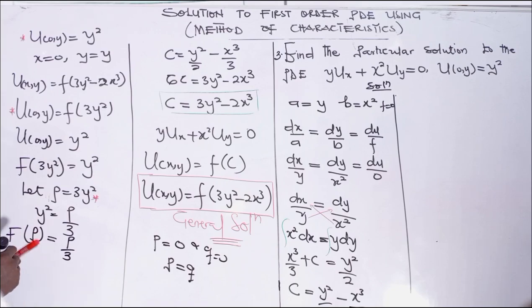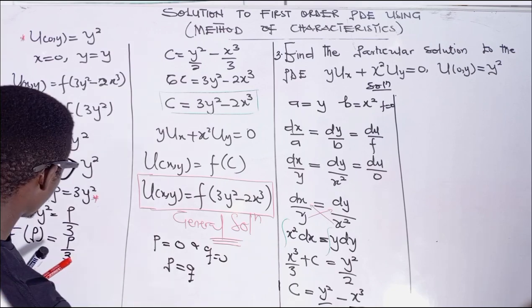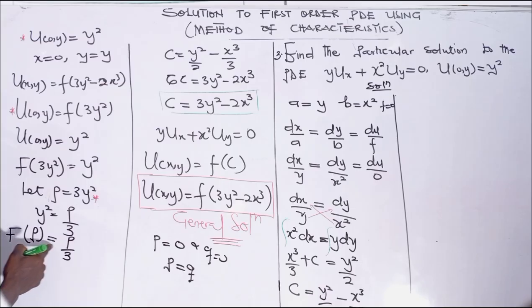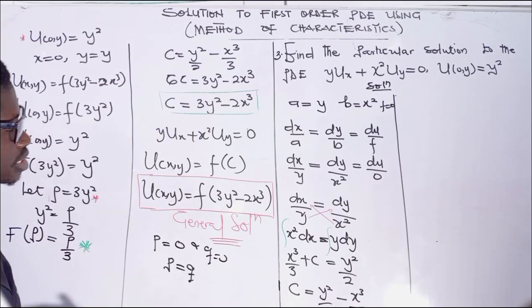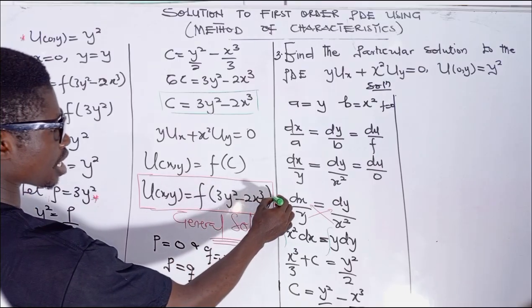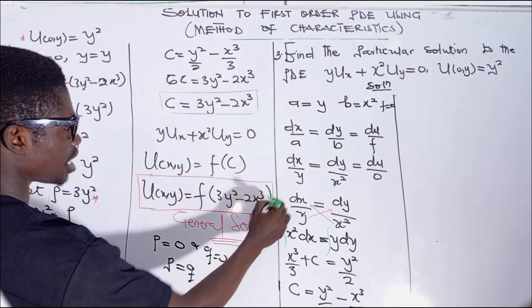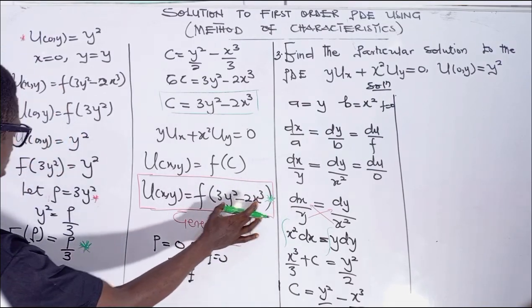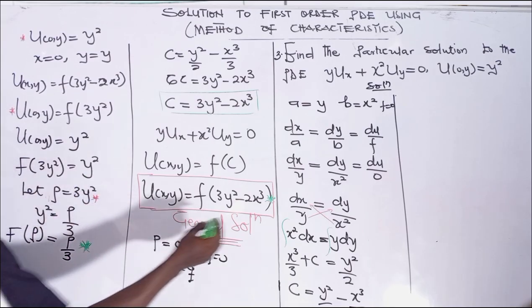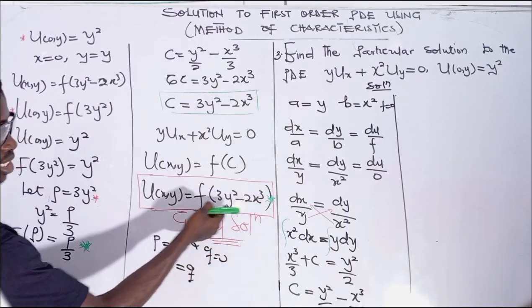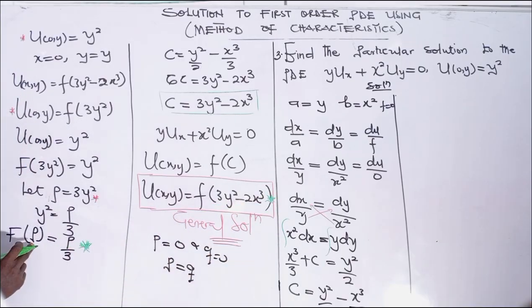Now once you reach this particular point, f of p is equal to p over 3, you go back to the general solution. Where is the general solution? You come to the general solution, and then you pick what is in the function here to replace p. Let me repeat it again. When you reach here, you go back to the general solution, and then you pick what is in the function of the general solution to replace p.